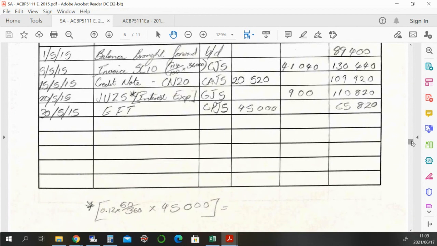Does that make sense? That's the way they stated it. This thing requires practice. If you've seen it for the first time, you might be confused and ask: should I be using 89,400 or 45,000? What am I using this 360 for?